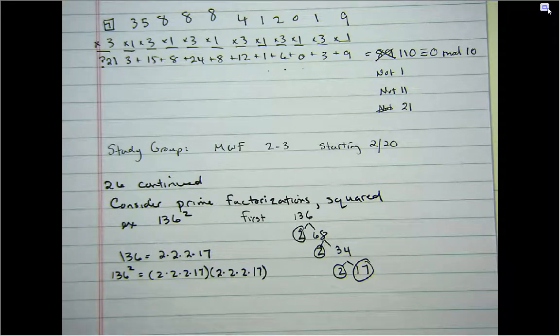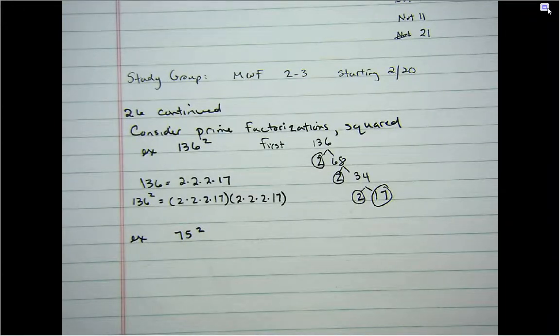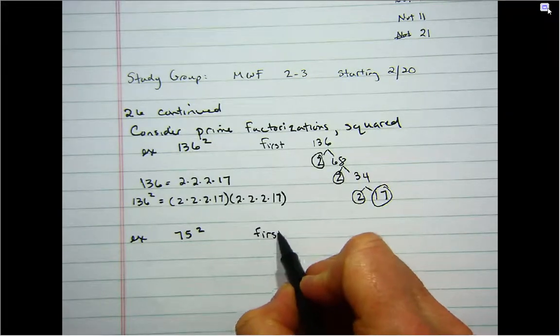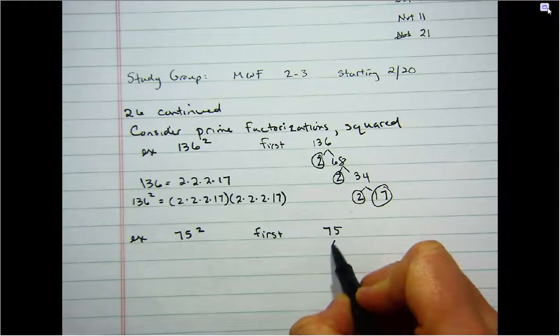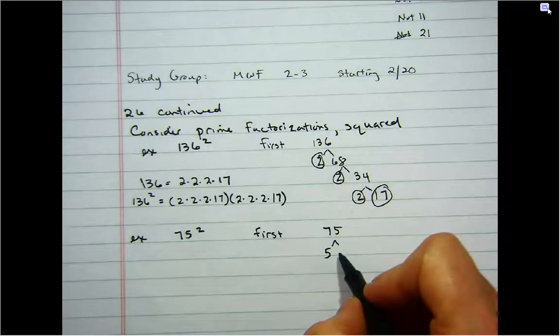Let's try another example. If we're looking at the prime factorization of 75 squared, we would first just look at 75. It's more approachable, more doable. Now 75 is divisible by 5 because it ends in 5. So we'll work that out either in your head or in your calculator.